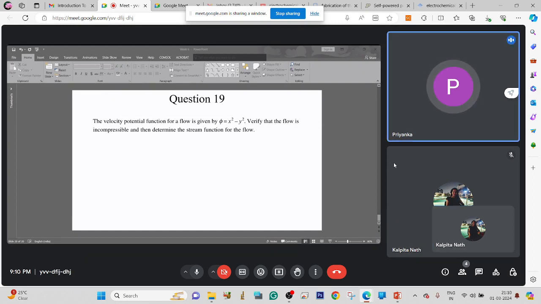It is incompressible. The stream function is 2xy plus constant. Correct.